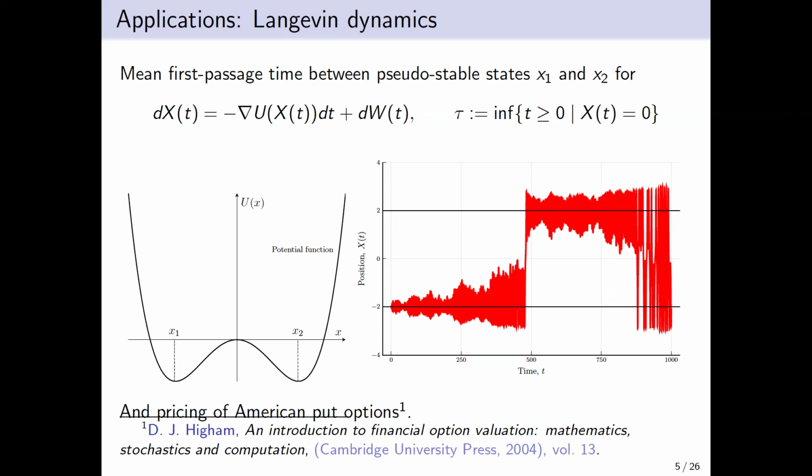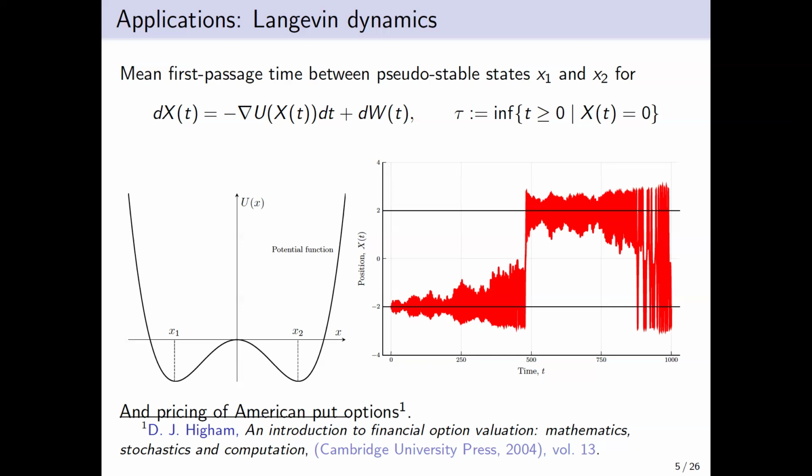You want to understand, in expectation, how long it takes between every transition. The molecule is in this well for a long time, but because of this additive noise, occasionally you have a transition over to the other well. So you're crossing the domain boundary, which in this case is just x equal to 0.